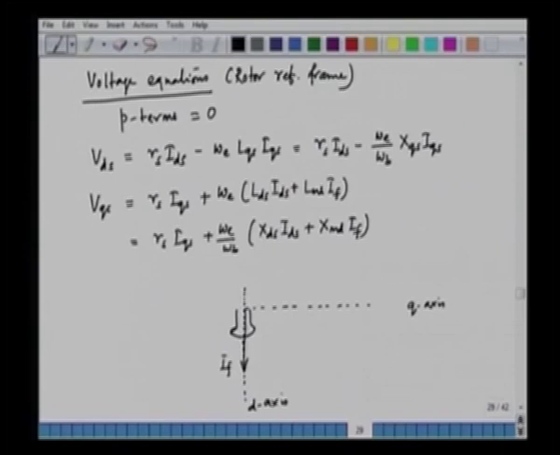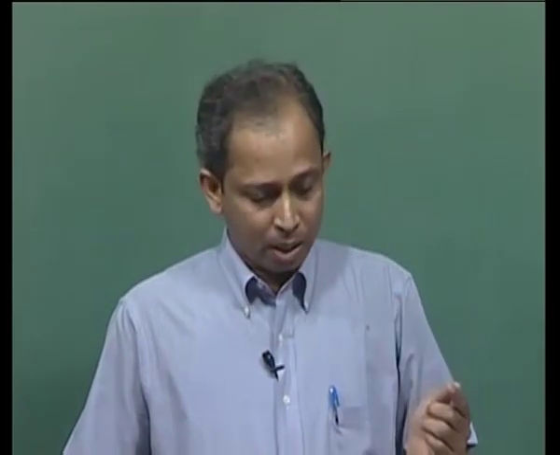We have two components in this case, a d axis component of voltage and a q axis component of voltage, Vds and Vqs, and we can write these two equations in the d axis and q axis respectively.